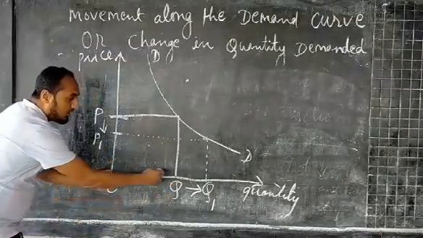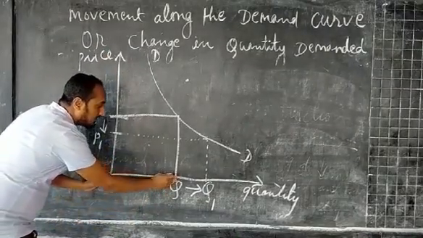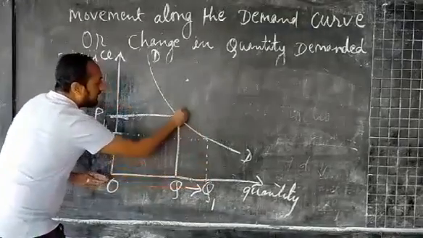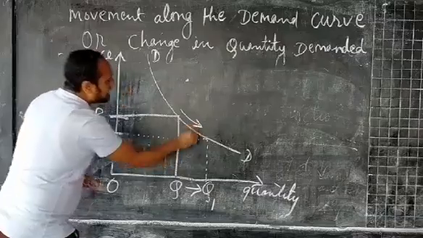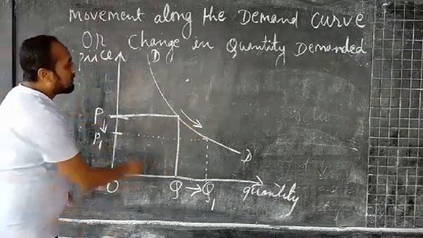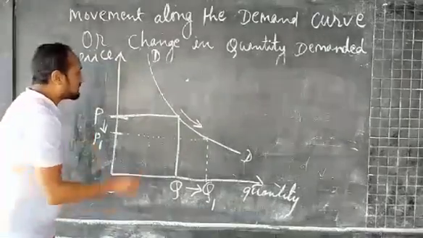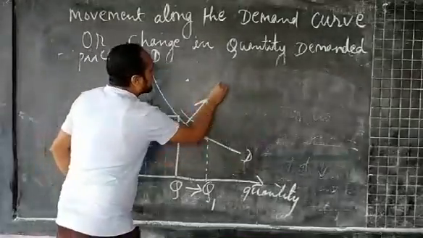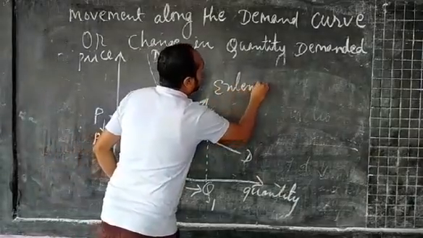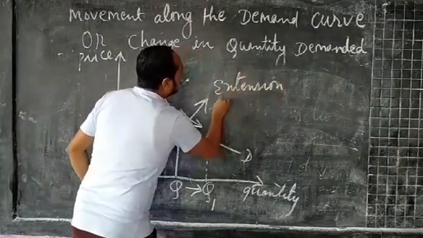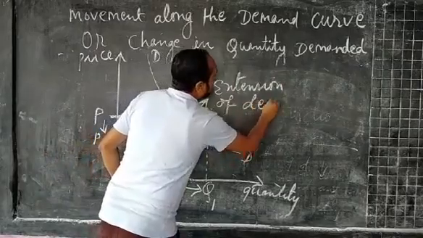That is, the quantity demand will increase from OQ to OQ1. So here, if you see the demand curve, there will be a downward movement on the demand curve. So this indicates the extension of demand.